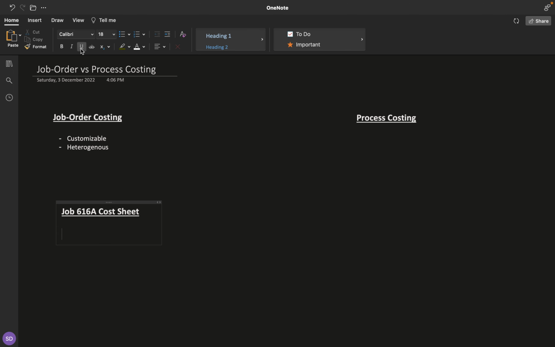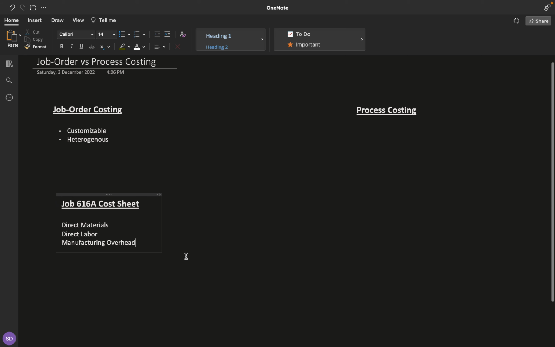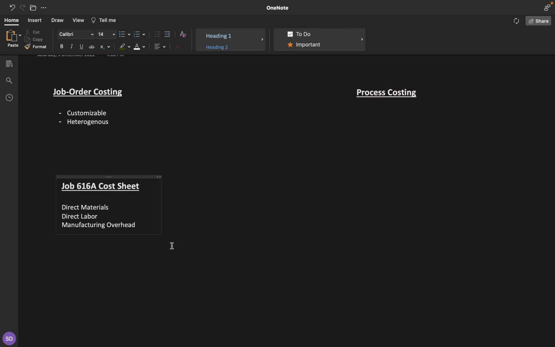So in this cost sheet, all we need to input is direct materials, direct labor, and manufacturing overhead. Now, your direct materials and direct labor are going to be your prime cost, and your direct labor and manufacturing overhead, that's called your conversion cost. But yeah, you don't really need to know that. I just thought I'd let you know. Yeah, so it's going to be really easy. That's all we have to do to show our production costs under job order costing.